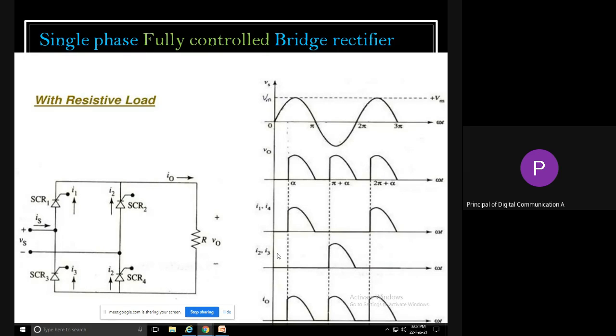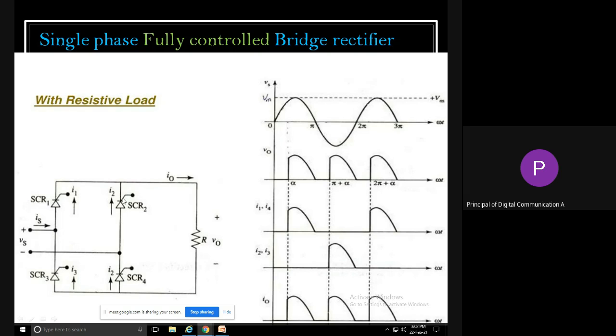The output voltage will be similar to the input voltage. So you will see here that even though the negative cycle is going on, we get a positive half cycle like that as the output across this R.